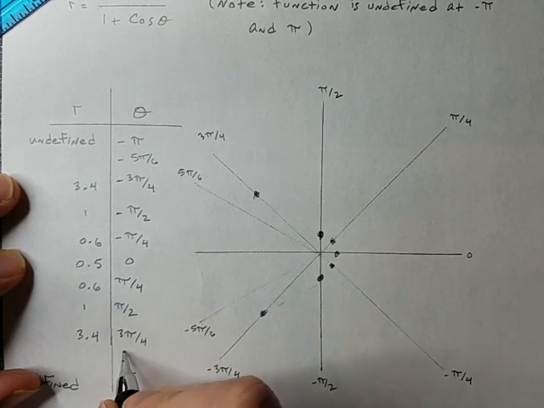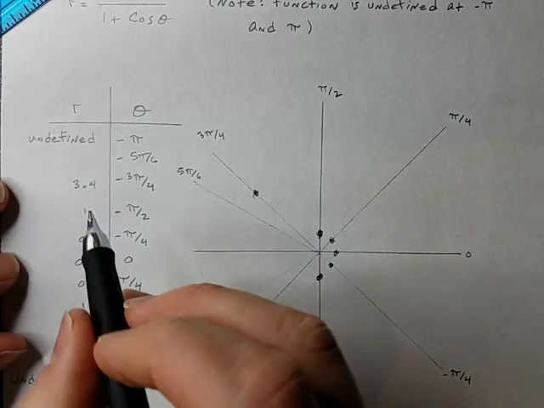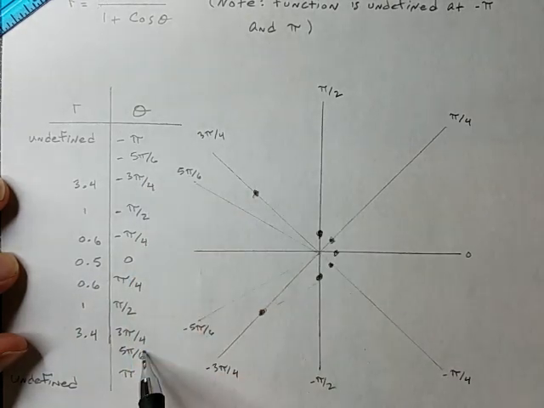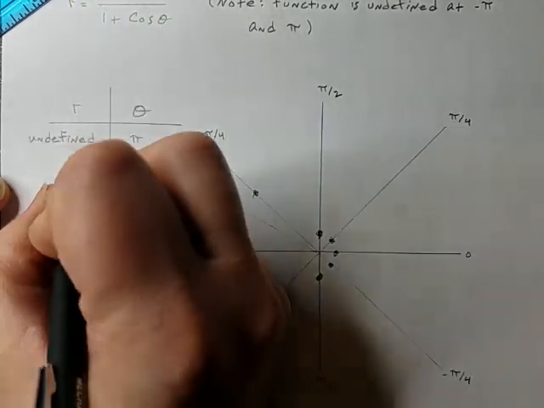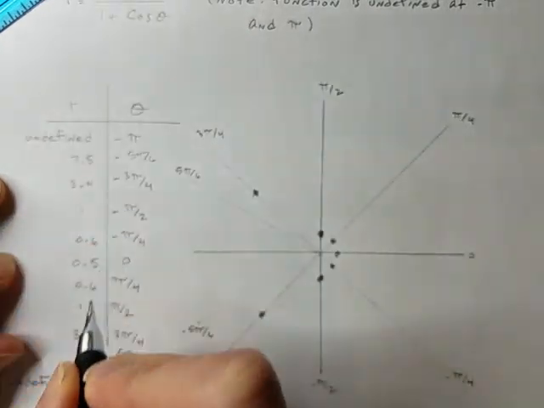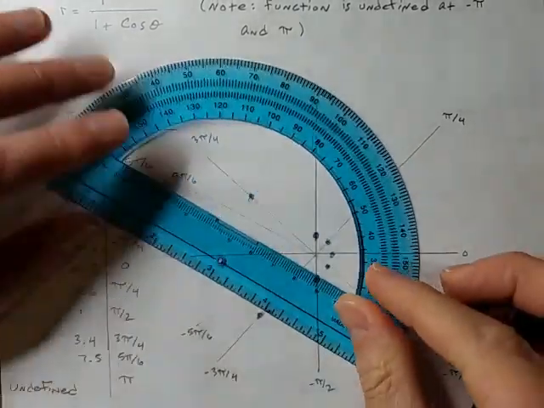And then I thought, why not do 5 pi over 6, just to get some additional points and some confirmation of numbers. So if I do this or this, r turns out to be 7.5. And that turns out to be too big for my piece of paper.